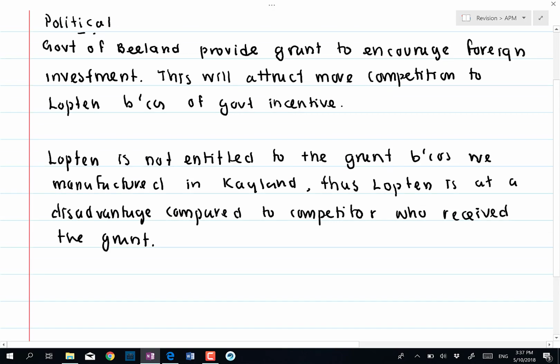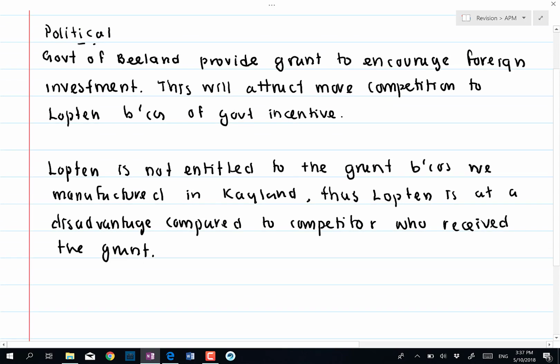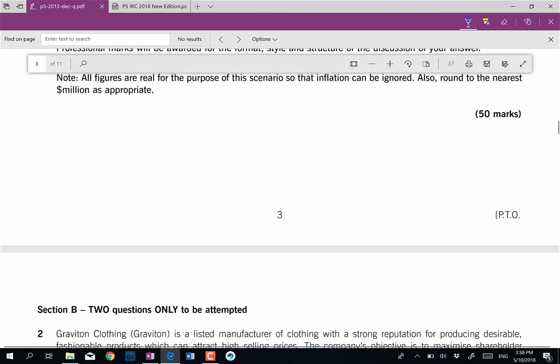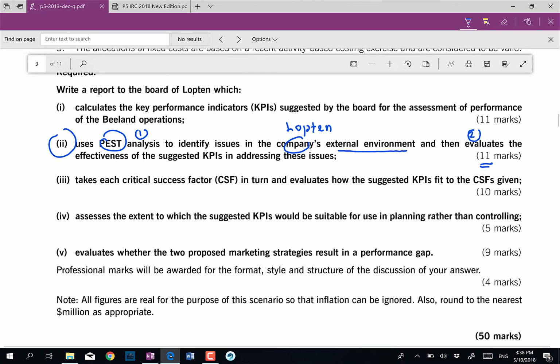At strategic professional level, students are not only expected to identify issues related to PEST, but to elaborate how this relates to Lopten. So it is essential that when you attempt your APM questions in the exam, you look at the examiner's requirement.